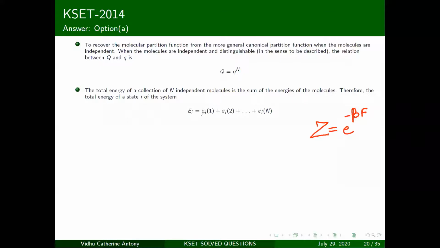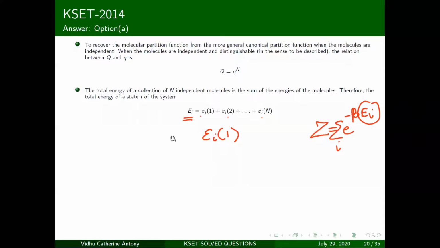So you're summing it up with all the energies of your individual molecules. When you're saying epsilon i1, you mean the energy of the first molecule. This is referring to the energy of the second molecule. This is referring to the energy of the nth molecule. And they're all going to be the same.